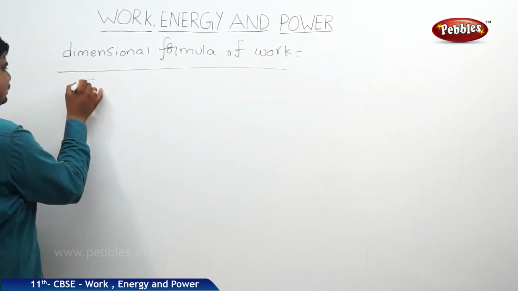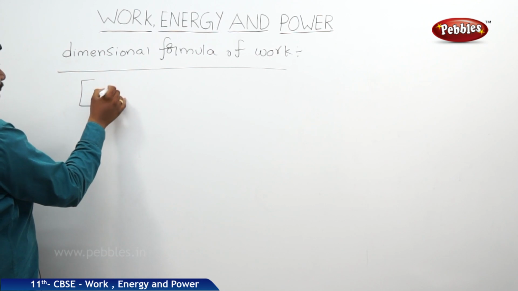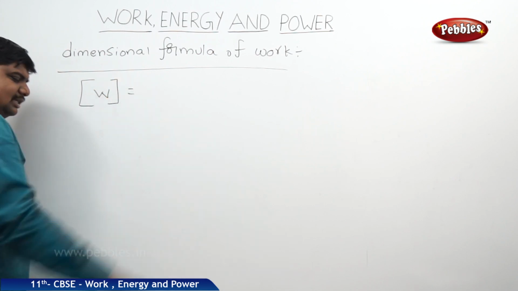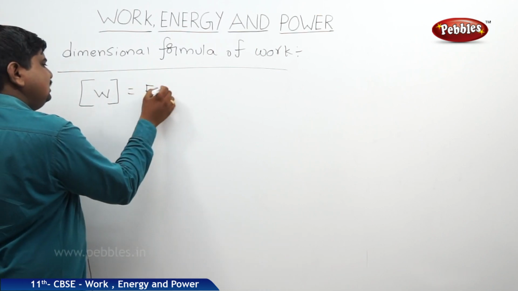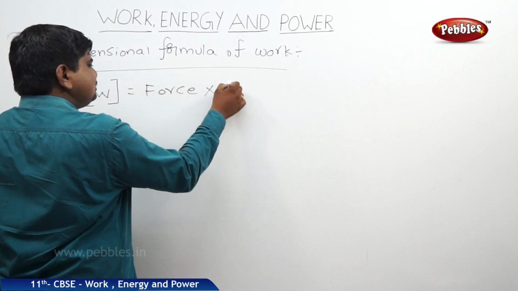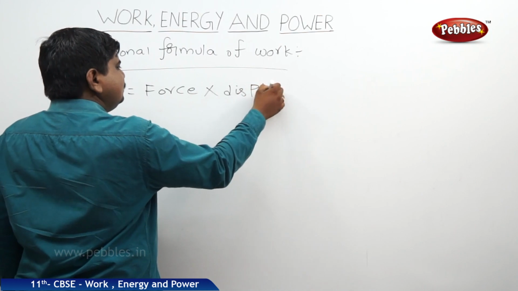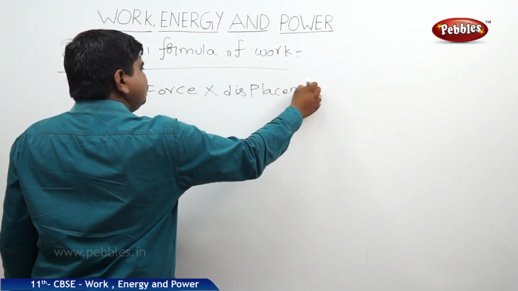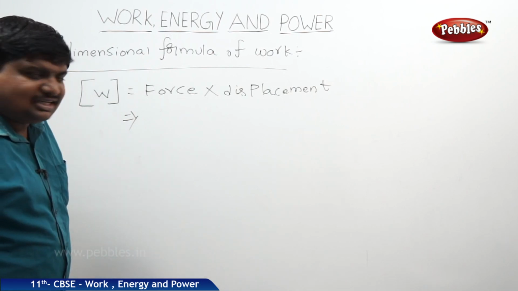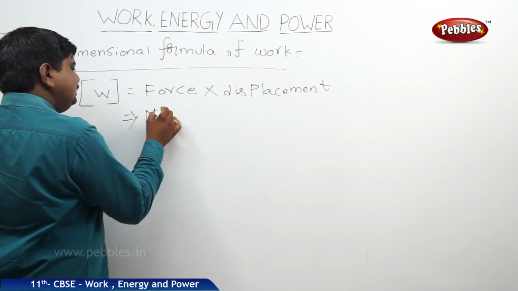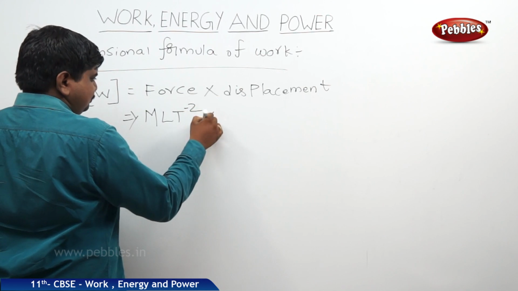So we know that if you keep any physical quantity in square brackets, that is nothing but the dimensional formula of that physical quantity. Work done is equal to force into displacement. The dimensional formula of the force is MLT^-2.